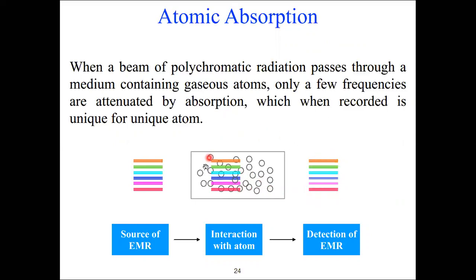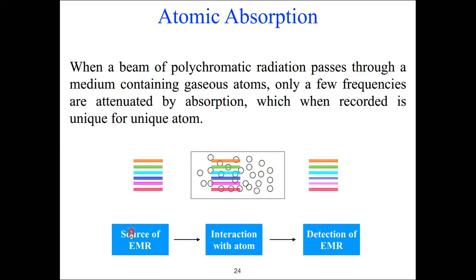So this diagram shows that the blue color and pink color were absorbed by the atoms. When we measure the electromagnetic radiation that passed through the gaseous atoms, those recordings are unique for unique atoms. That's how we can identify or detect the atoms present in that sample.